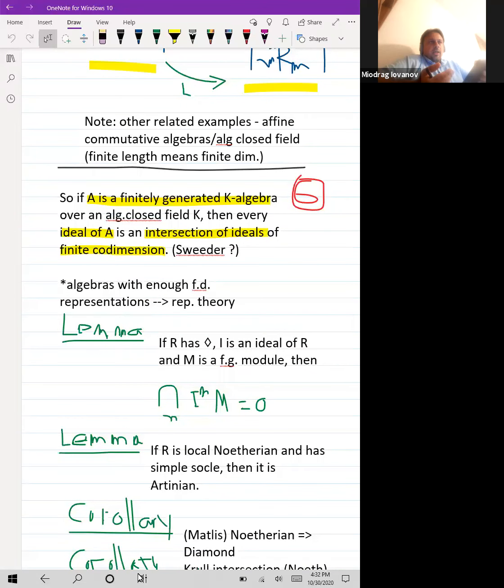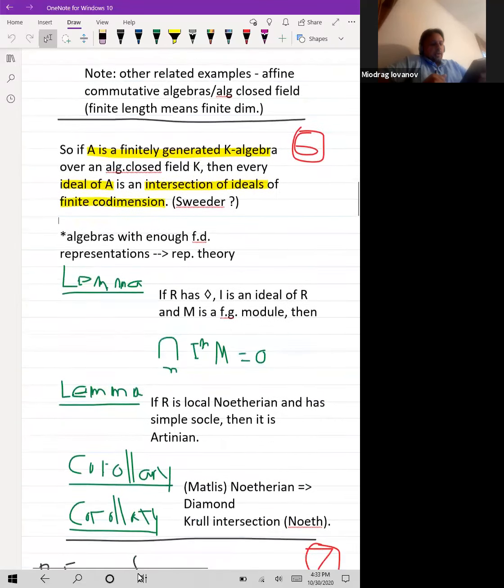There's going to be a Grothendieck category, so you can do homological algebra and all sorts of interesting things. So if you know that you have enough finite dimensional representations, that means that ideals, or at least zero, are intersections of cofinite ideals, then you have something to work with.